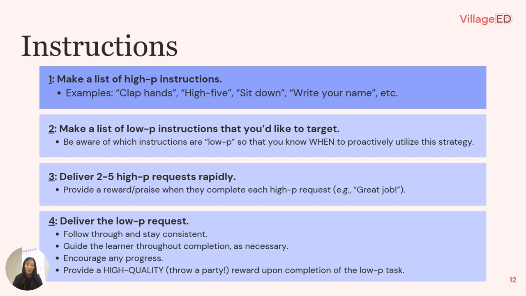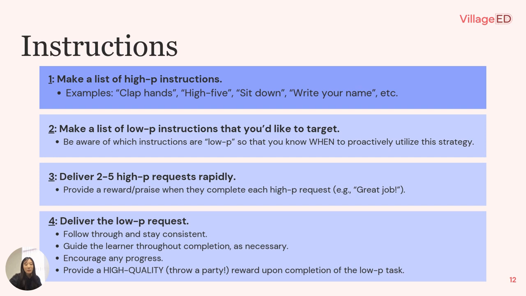Right now, we have a whole behavior management procedure going on with the tantrum or the elopement or that vocal protest. So we want to be aware ahead of time of the different kinds of instructions that might trigger those avoidant behaviors, so we know how to prepare. That way we can build momentum with all of these high P instructions that you know, and then get into that low P instruction.